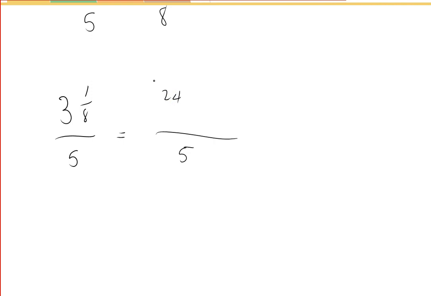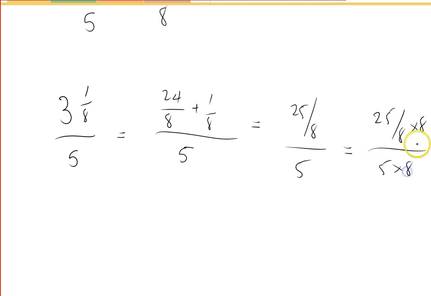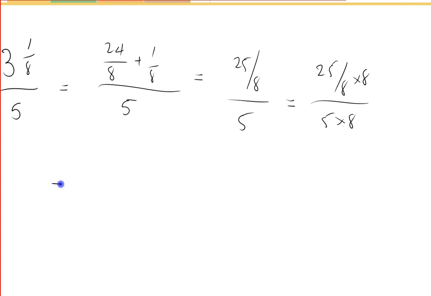It's 24 eighths, because 3 eighths are 24, plus 1 eighth equals 25 eighths over 5, which equals 25 eighths times 8 over 5 times 8, equals 25 over 40, equals 5 eighths. There you go. So we're getting the cancellation in reverse.